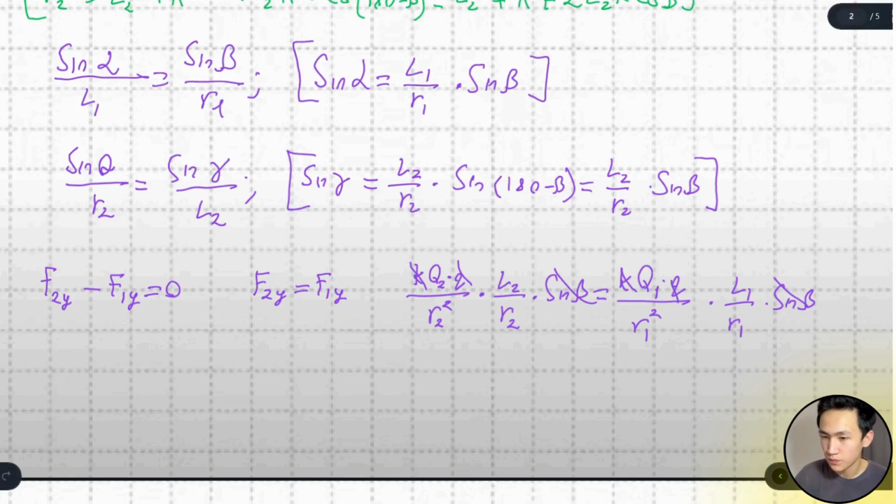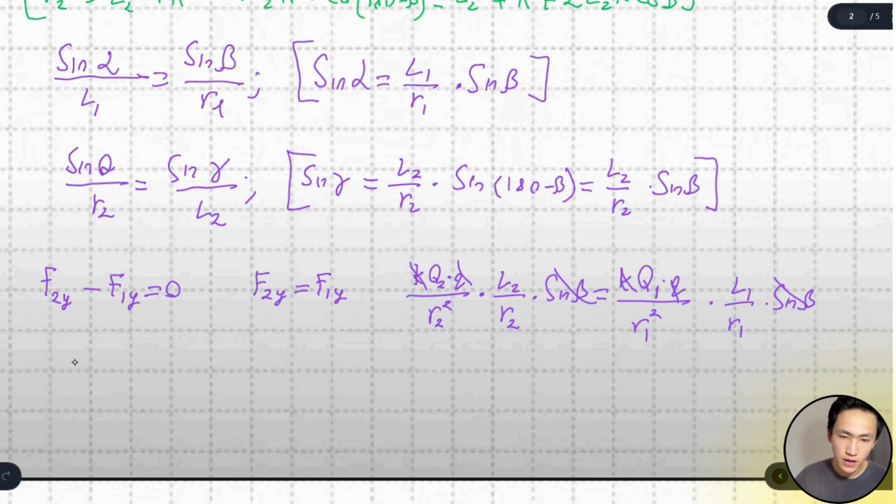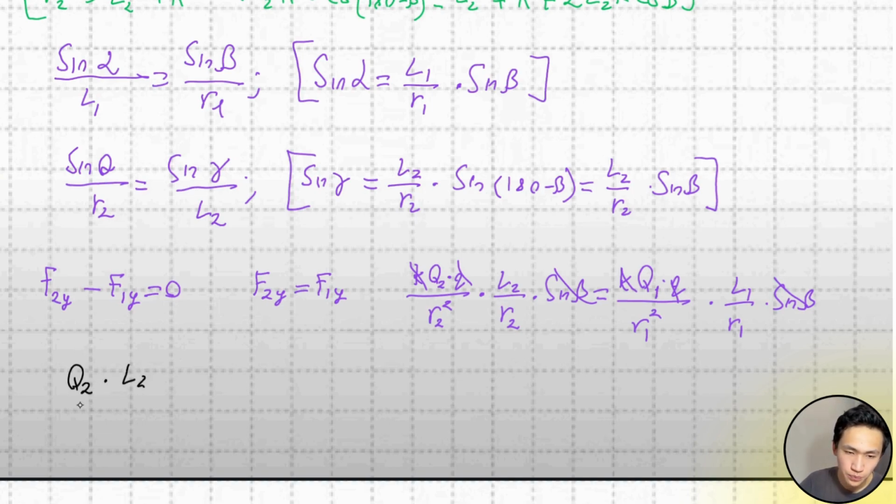Let me change the color. Here we have big Q2 multiplied by L2 and R2 cubed, and Q1 with L1 and R1 cubed.